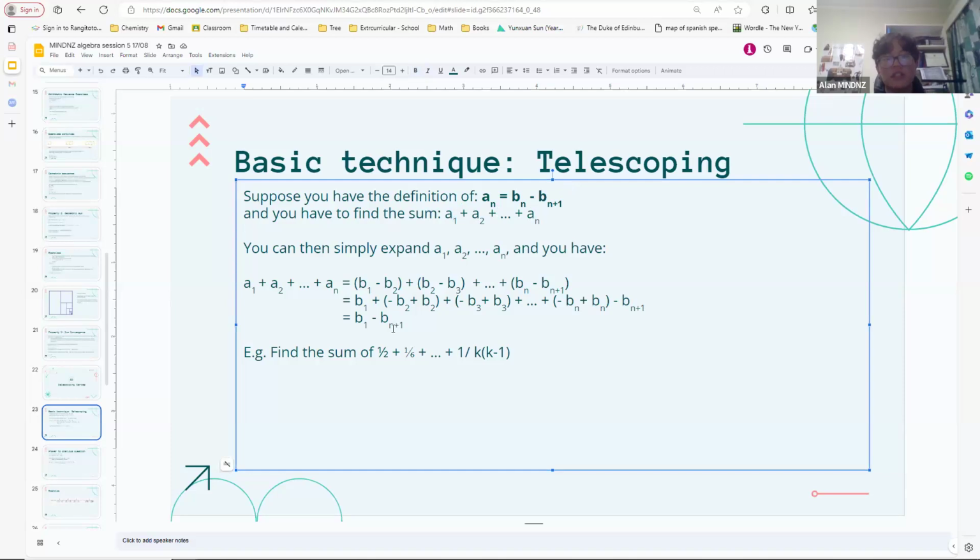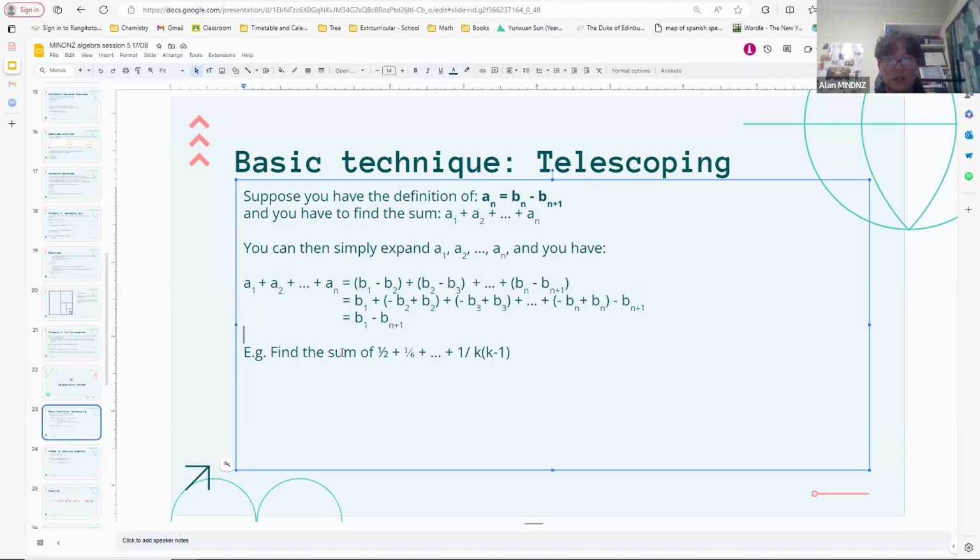Then you can simply expand these expressions to get b1 minus b2 plus b2 minus b3 plus dot dot dot minus b_(n+1), and this simplifies into b1 minus b_(n+1). This seems fairly obvious, but it is a well-used technique and is very common in Olympiad problems.